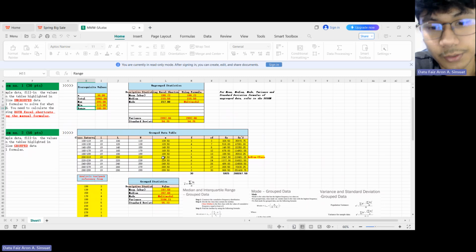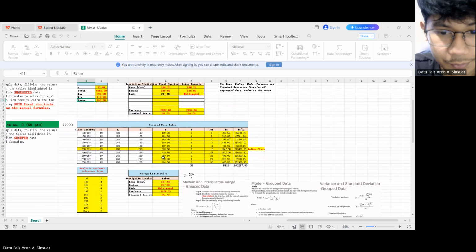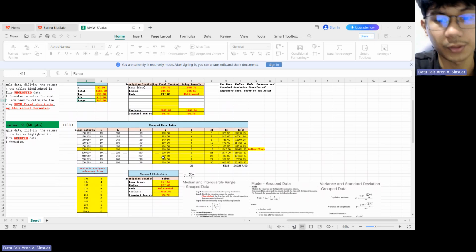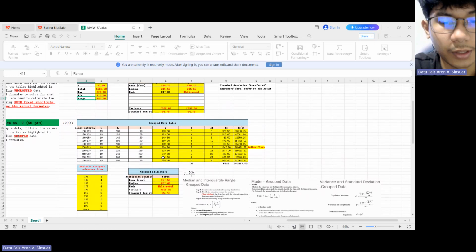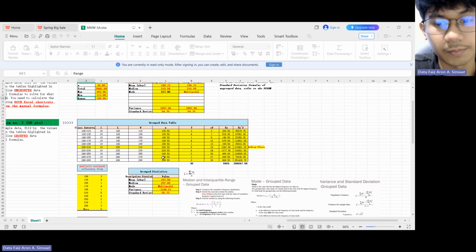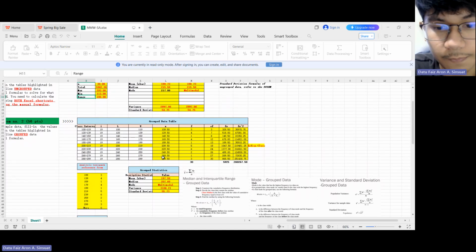Simple linear regression. Finally, let's predict the future. Regression helps us draw a line through our data points to see the trend. The equation for the line is y = mx + b, where m is the slope, how much y changes for every change in x, and b is where the line crosses the y-axis.